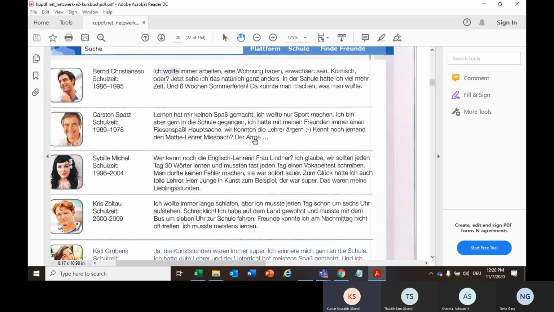Ich hatte mit meinen Freunden immer einen Riesenspaß. Hauptsache, wir konnten die Lehrer ärgern. Kennt noch jemand den Mathelehrer Miesbach? Der Arme.